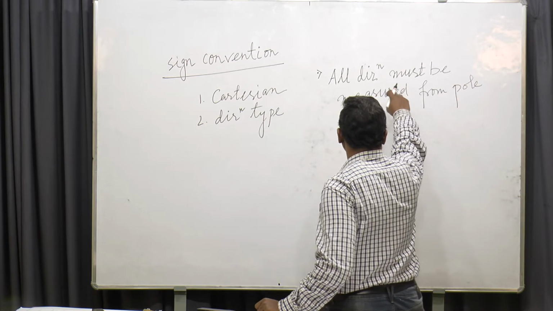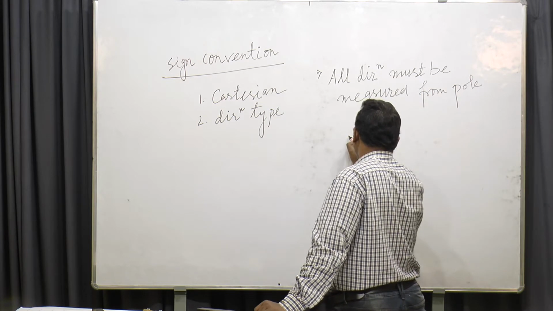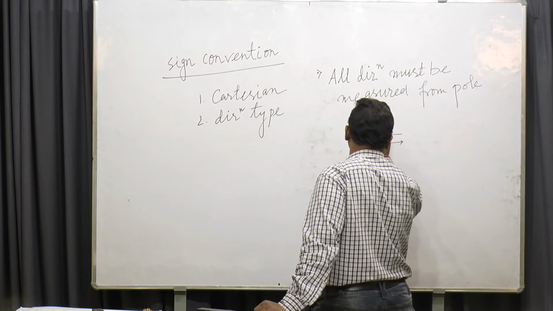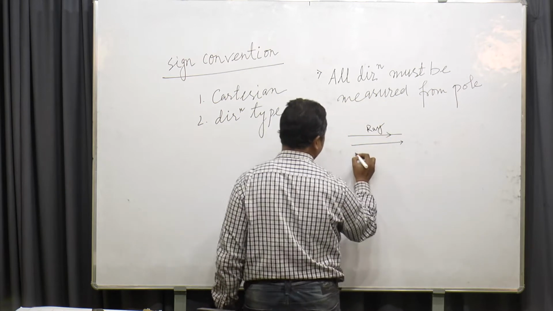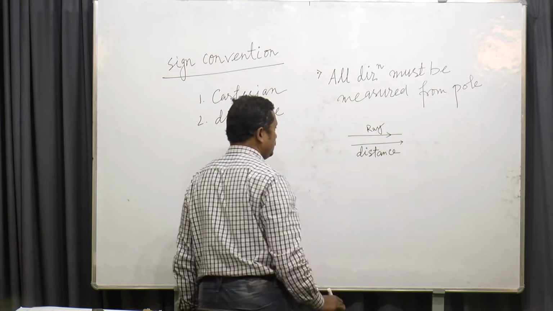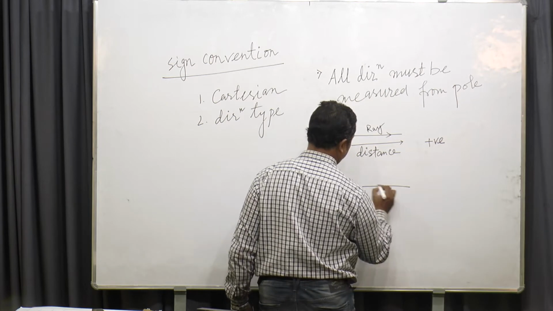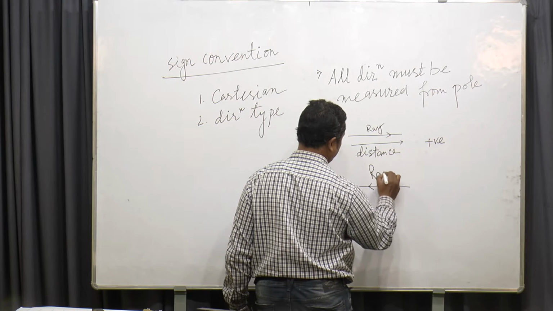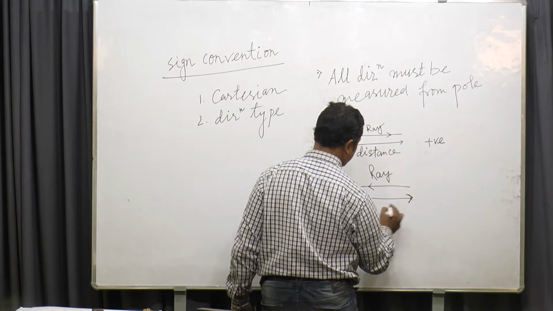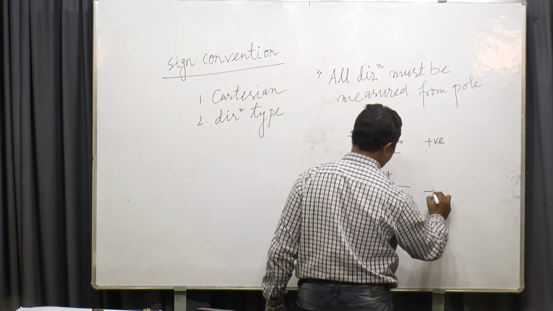So every measurement of all directions must be started from the pole, and if you go in favor of the ray, this is the ray direction and this is the distance, if it is the same direction, that will be positive, and if the ray direction is opposite to that of the distance, it will be negative.